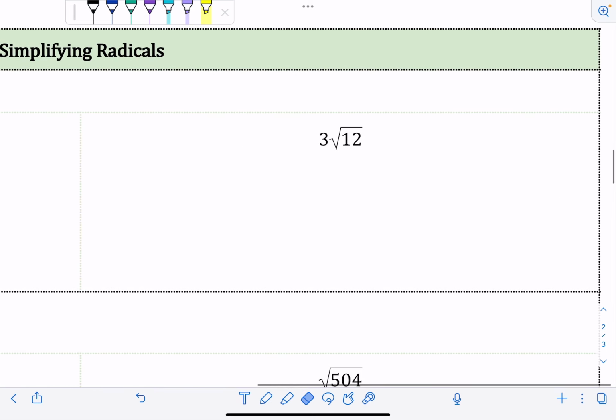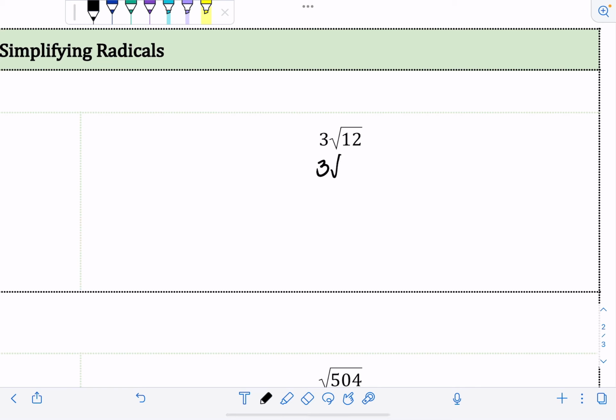And then the next one, we're going to use the same method. This one's a little bit different because we have this number out in front. So for 12, 12 does have a perfect square factor, so the square root of 12 can be simplified. 4 is a factor of 12. So I'm going to rewrite this. I'm going to try putting it all under one radical for right now, so it looks a little different than the last one, just so you have an example of both.